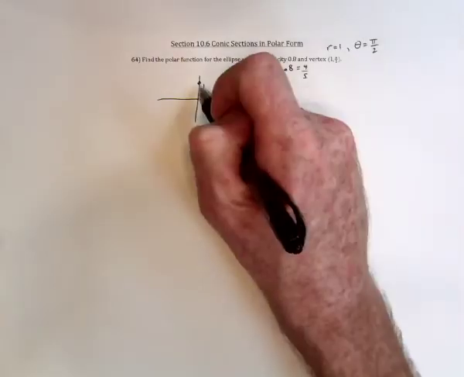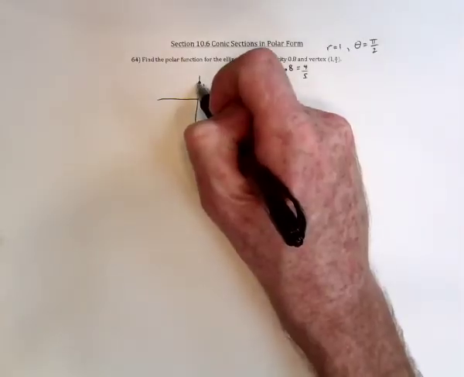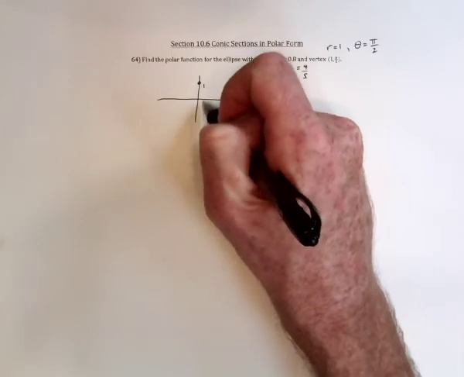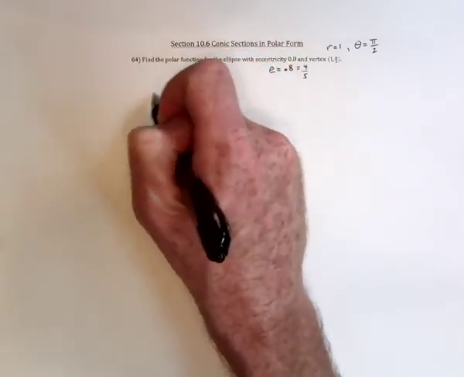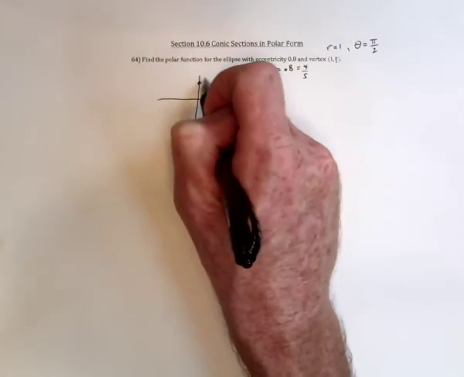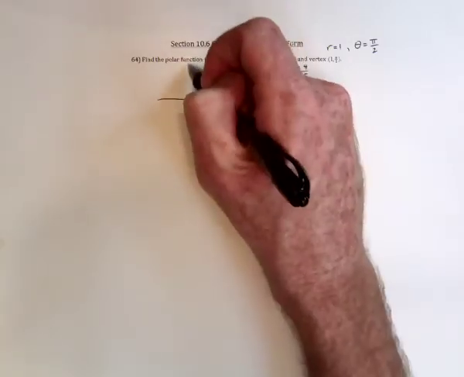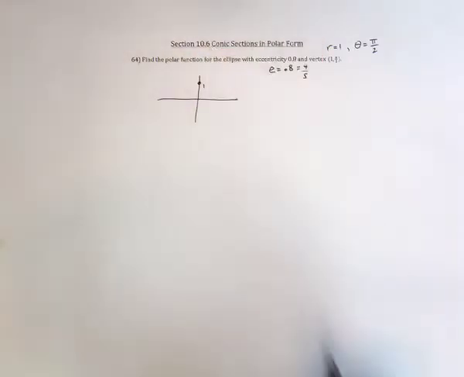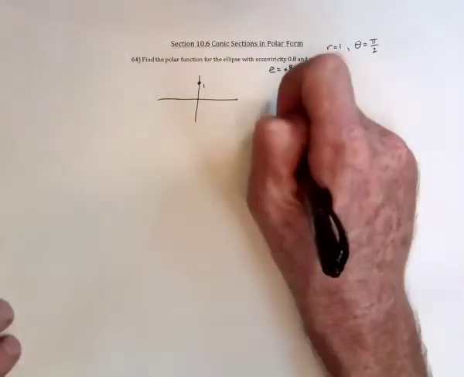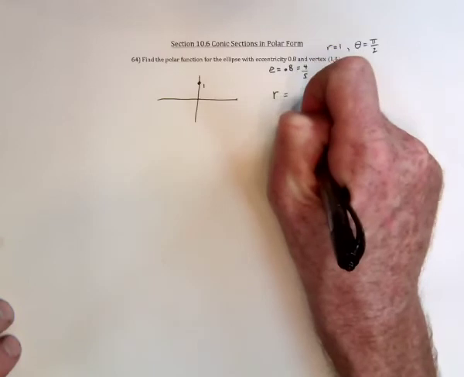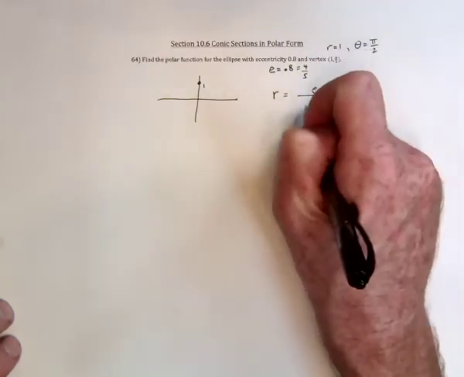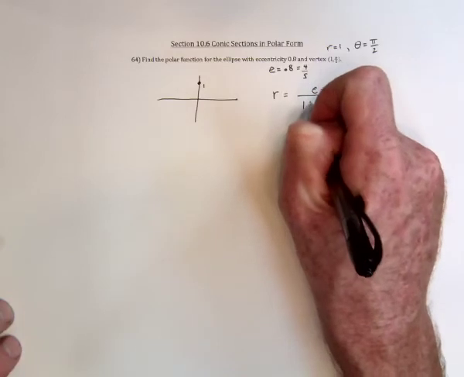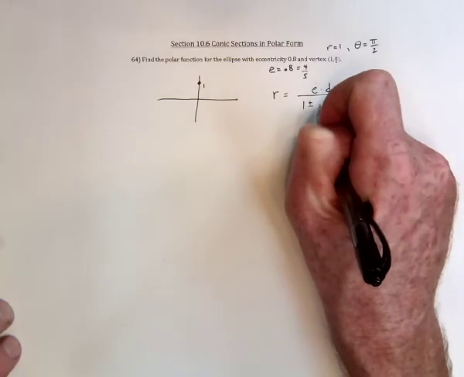So that means that this thing is either going like this, or it could be going like this, hit the vertex and then go around, or it could be like this. So one of those possibilities. Now, the other thing to keep in mind is that in general, in polar form, you've got r equal to e times d, over 1, plus or minus, and then it can be either sine or cosine.